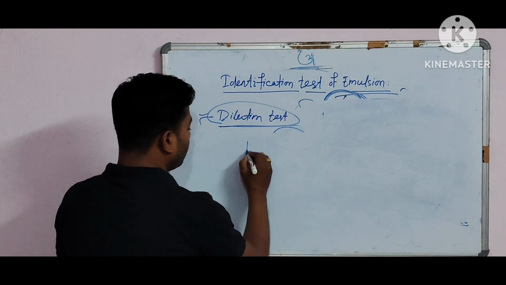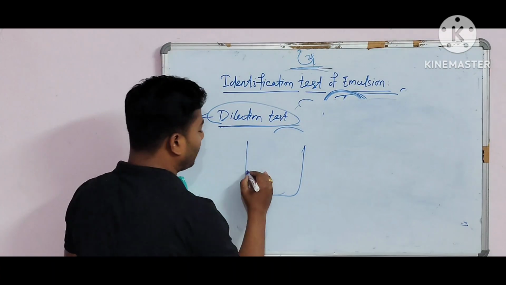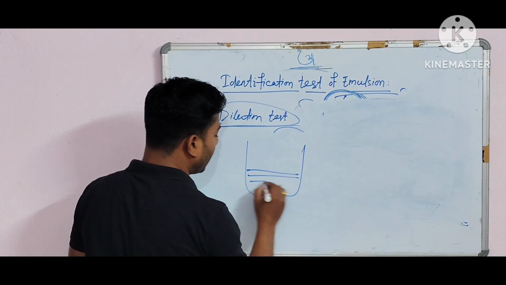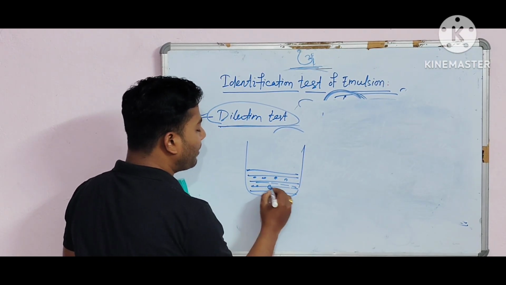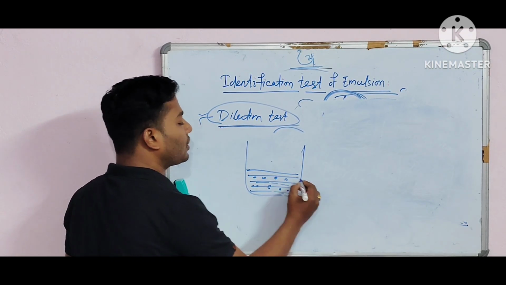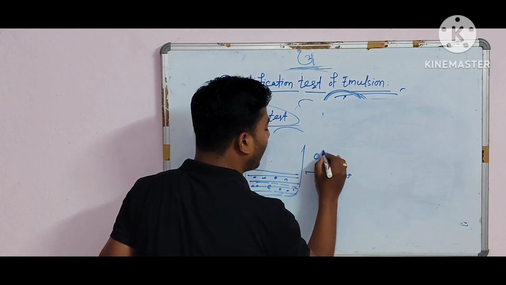Suppose this one is the emulsion. I don't know which type of emulsion is in this beaker, and the emulsion is diluted with oil.